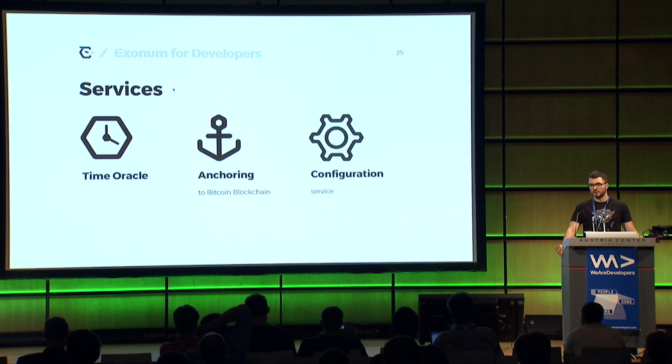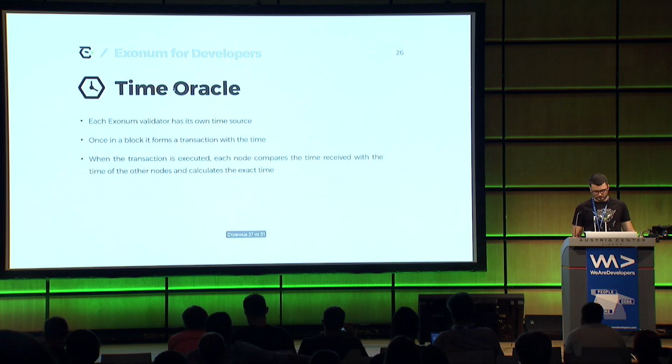Also, we have a service of anchoring in the open source. I've been telling about that a couple of slides ago. And the third one is the configuration service, which helps to change settings or configuration of the blockchain network on the fly, which is also very useful sometimes.